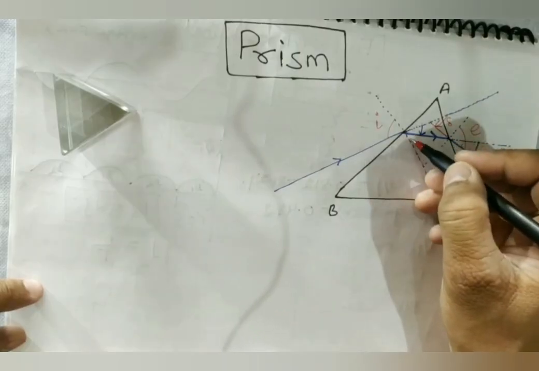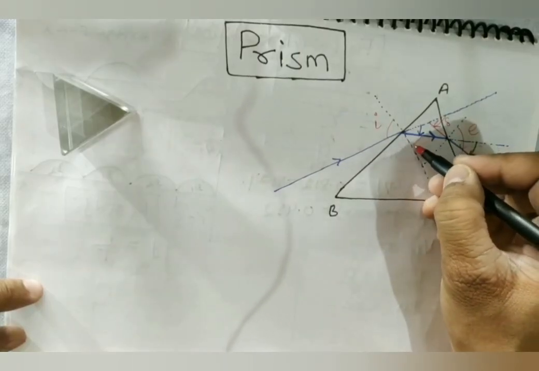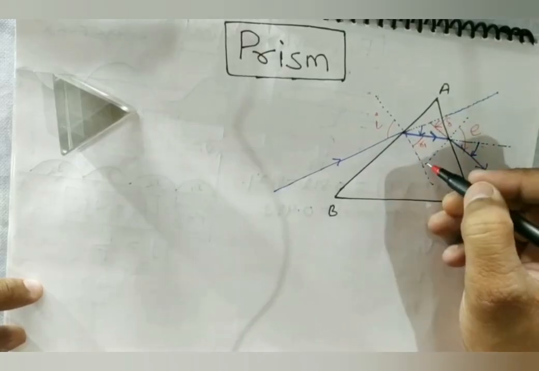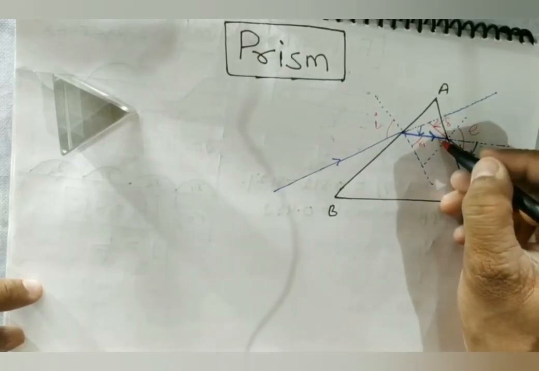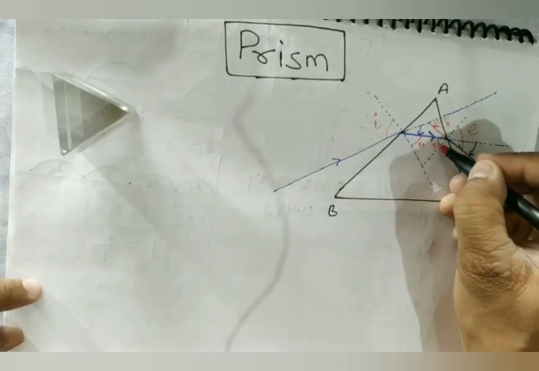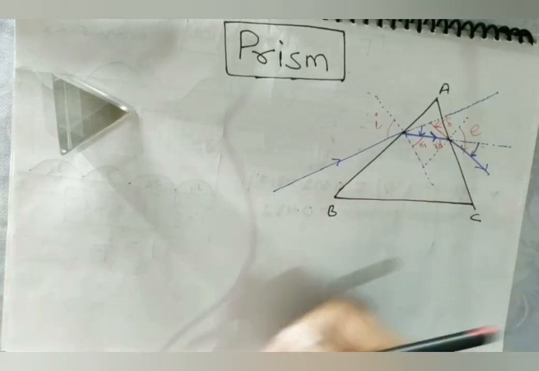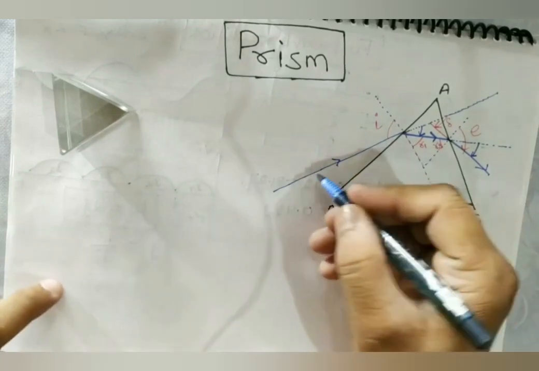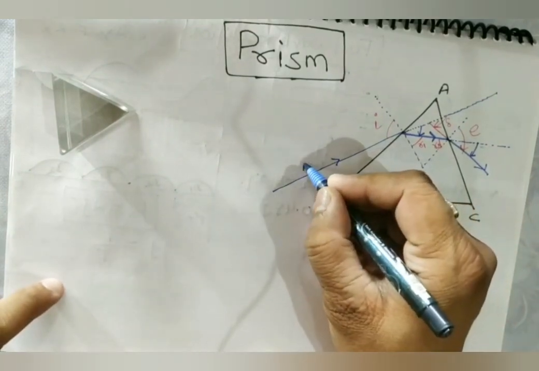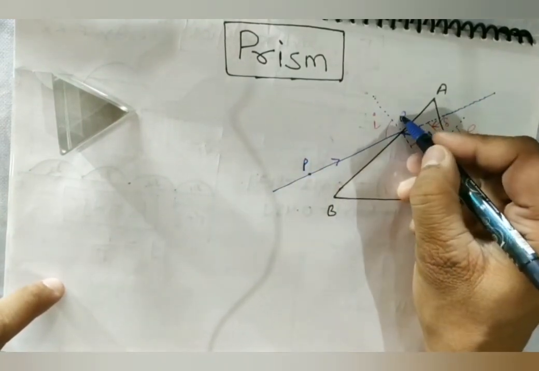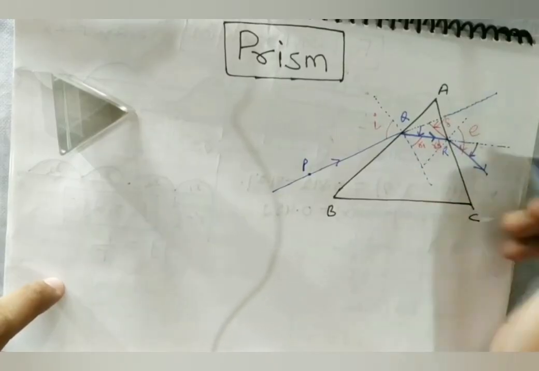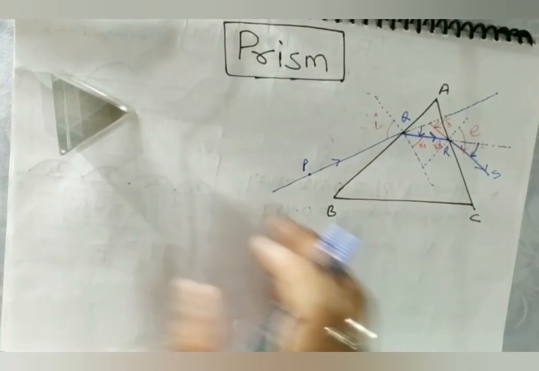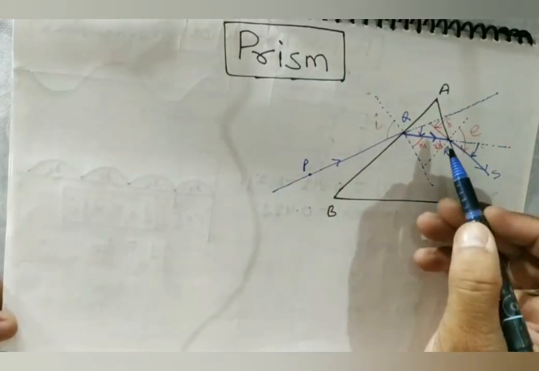This is the refracted angle for this surface, we say it R1, and this is the incident angle for this surface, we say it R2. Now let the names of the rays be P, Q, R and S.